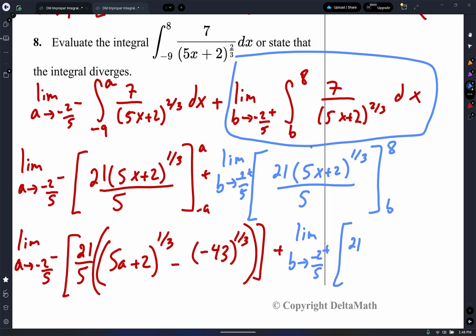Bracket 21 over 5, big parenthesis, 5 times 8, 40 plus 2, 42, giant parenthesis, 42 to the 1/3 minus 5b plus 2 to the 1/3, close parenthesis, bracket. Okay.